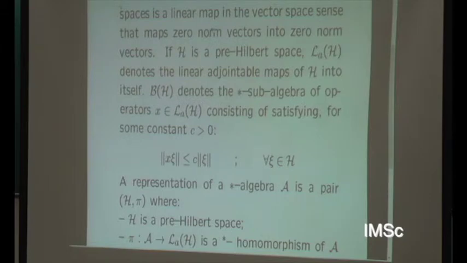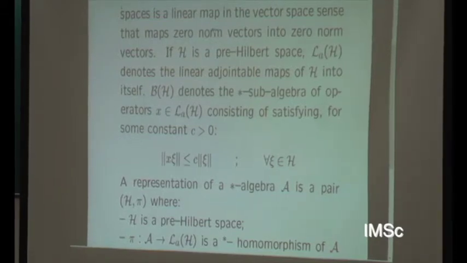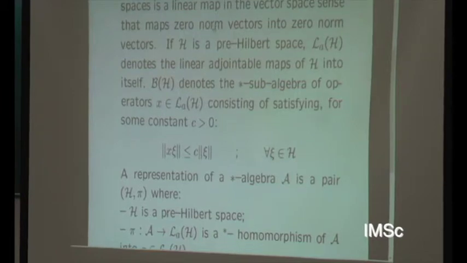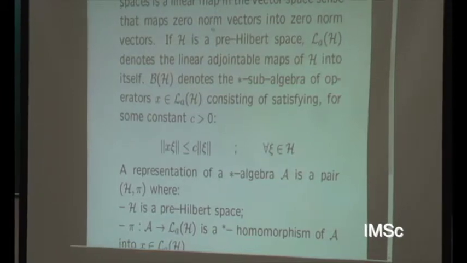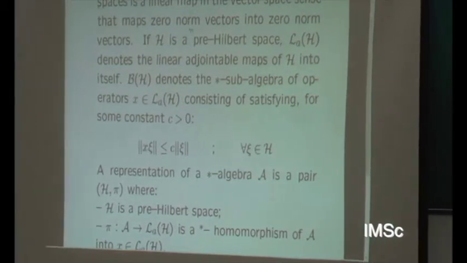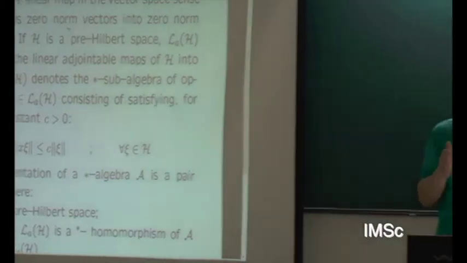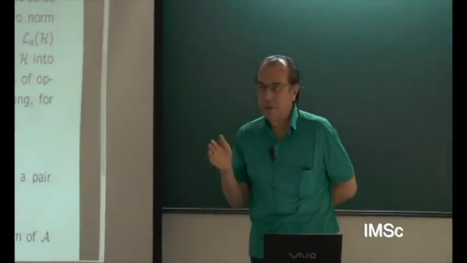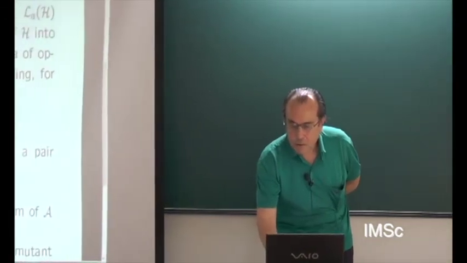Second, that the space is not necessarily complete. Okay? So it means two things. A linear map of a pre-Hilbert space is a map that preserves the subspace of zero norm vectors.